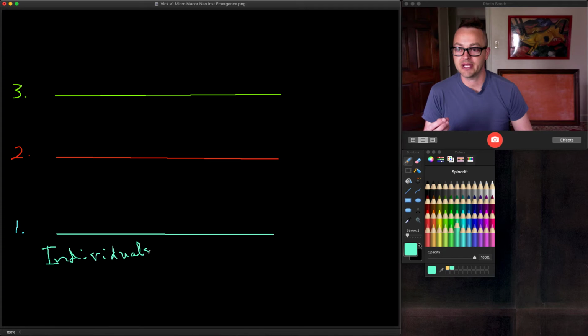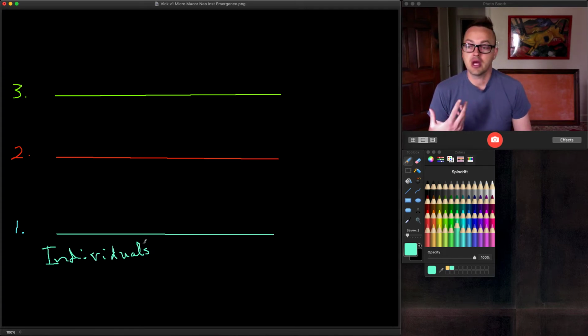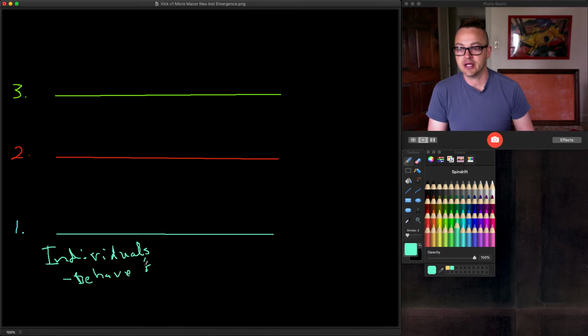And what do I mean by looking at individuals? Well, we're going to model individual behavior in order to understand some of their decision making. So behavior and decisions.